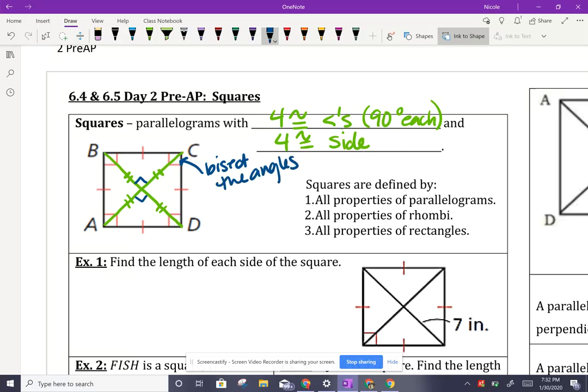So those are being cut in half. This whole thing creates 45, 45, 90 triangles. So you have 4, 45, 45, 90 triangles inside of a square, which we kind of already talked about back when we started trig and special right triangles.